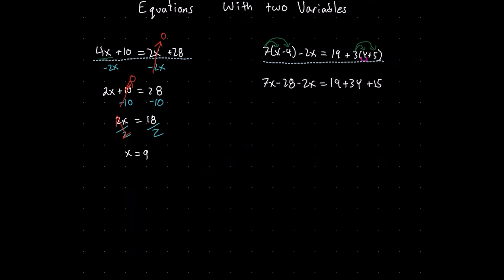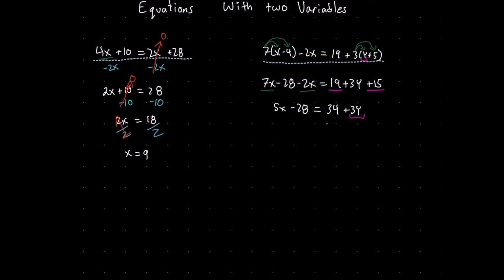And so now we can combine all the like terms. We're going to get 7x minus 2x, which is going to give us 5x, and this 28 is alone, so we just keep that there. Then on this other side, we're going to have 19 plus 15, which is going to give us 34. And this 3y is alone, so we'll leave it there. So now trying to get this 3y isolated, that is our goal right now.